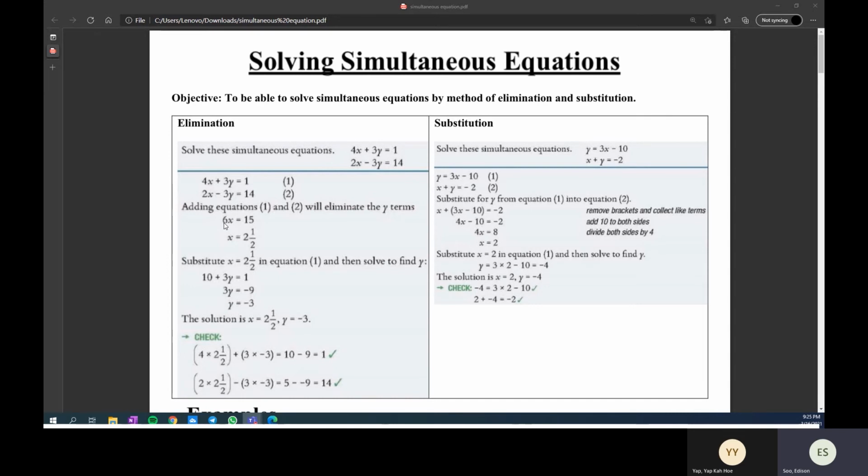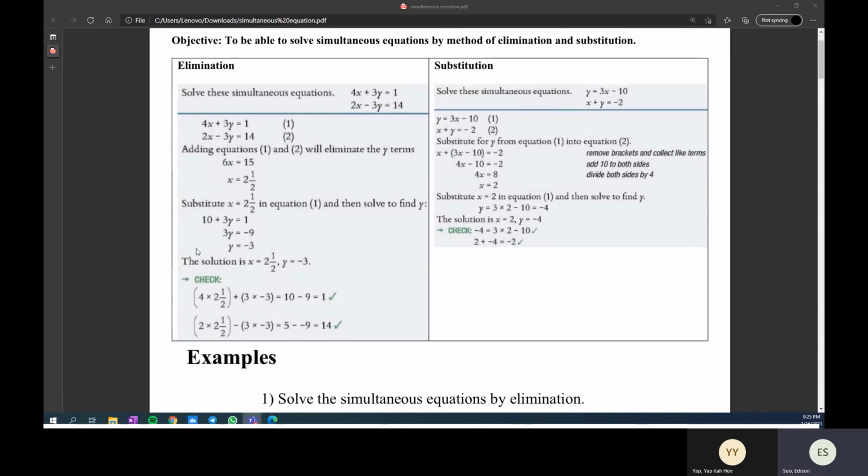After that, we substitute x equals 2.5 into equation 1, and we can solve to find y. The solution for x is 2.5, and the solution for y is -3. A good practice when doing simultaneous equations is to always check whether your answers are correct. How to check?